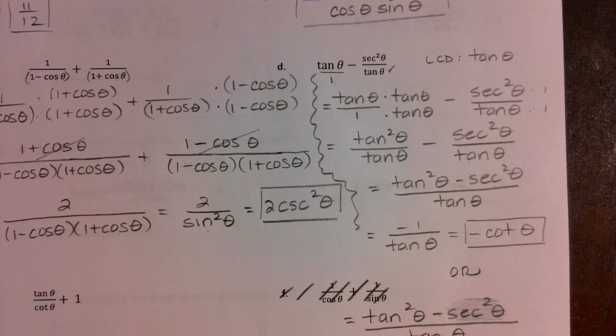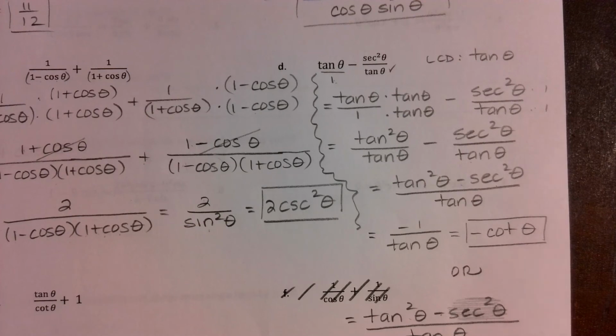So you get tangent squared theta, a -1, a minus tangent squared theta. Do you see how those ended up zeroing out and you ended up with -1 over tangent theta?